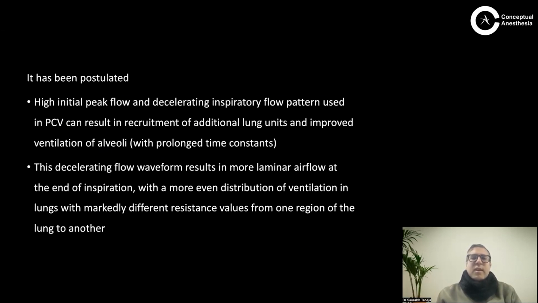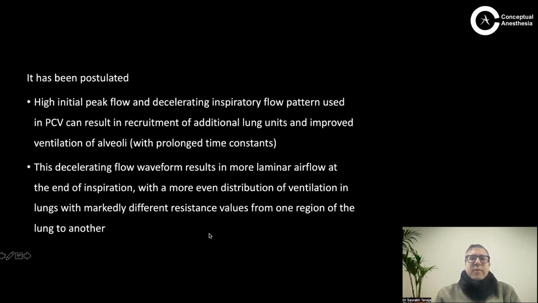So some of the alveoli which are normal, they open up early and they get ventilated, but some which are diseased, which have ARDS, in those additional lung units, when you have an initial peak flow and decelerating inspiratory flow pattern, over time they get improved ventilation. So that is the logic behind it.